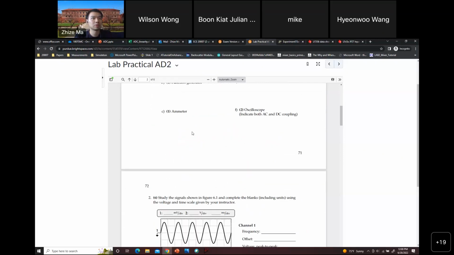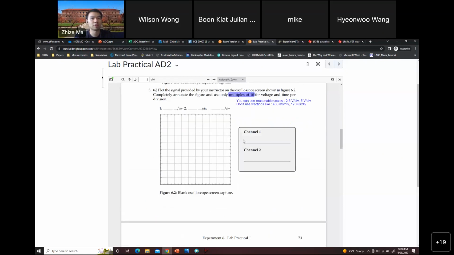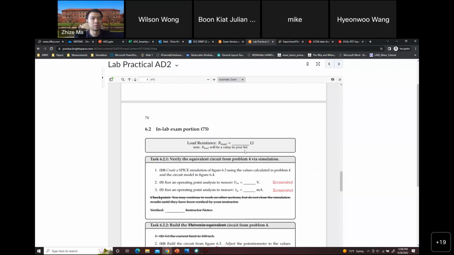For the take-home portion, for the green box, I will post it after this class. But for the in-lab portion, this green box is posted in the quiz after you submit the take-home portion.